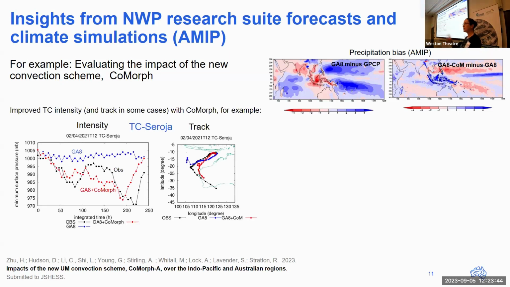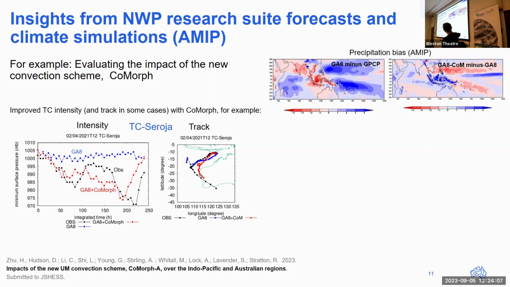Another example is we've looked at tropical cyclone cases, and this just shows Saroja. On the left is looking at forecasts of the tropical cyclone intensity, and in black it shows the deepening of the observed tropical cyclone. The blue is GA8, and you can see it doesn't get the deepening at all, whereas the red with CoMorph gets it much better.